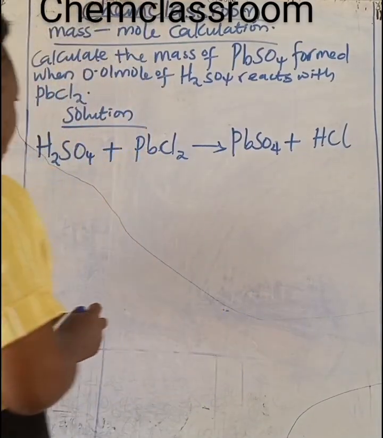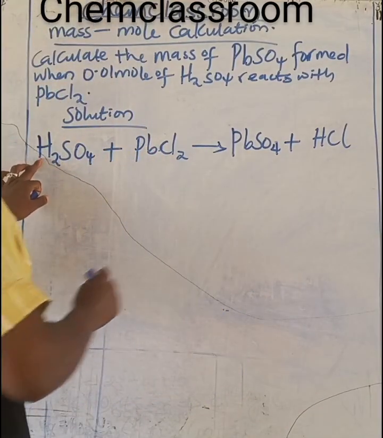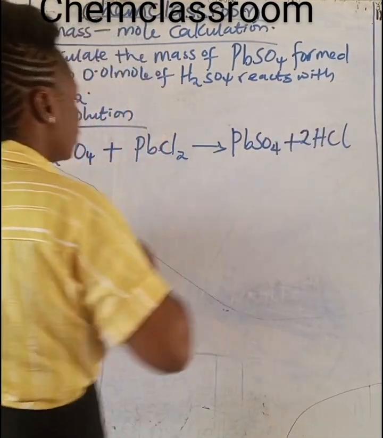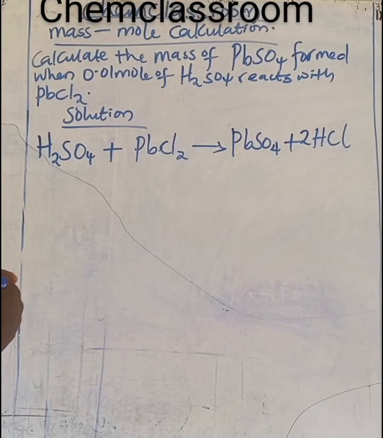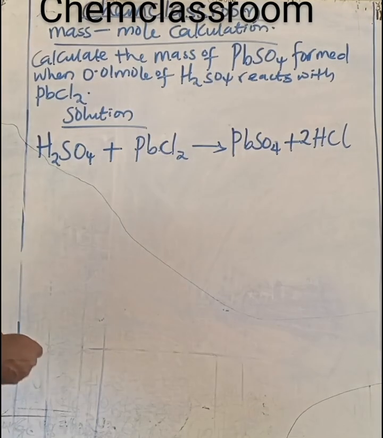So we need to balance the equation. Hydrogen is 2 here, 2. Then chlorine is also 2. So I guess the equation is balanced. So let's proceed back to the question to know what was actually requested.